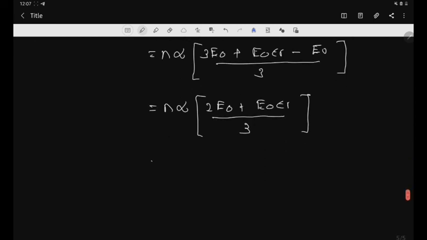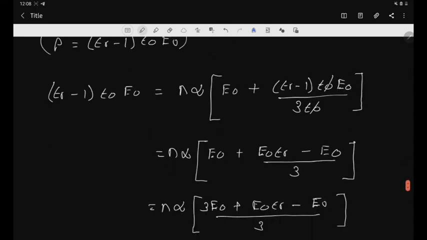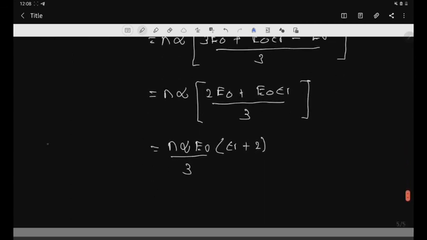Here we can take E naught common outside, and in the bracket we will have epsilon r plus 2. On this side, if you remember, we have epsilon r minus 1 into epsilon naught into E naught.